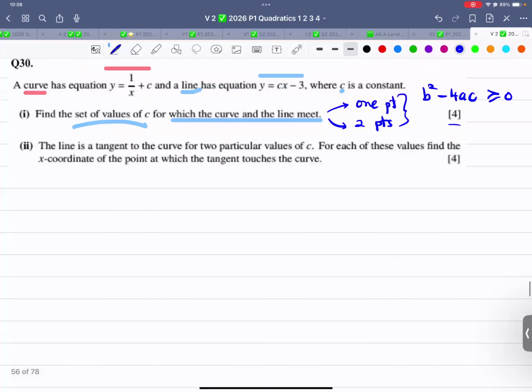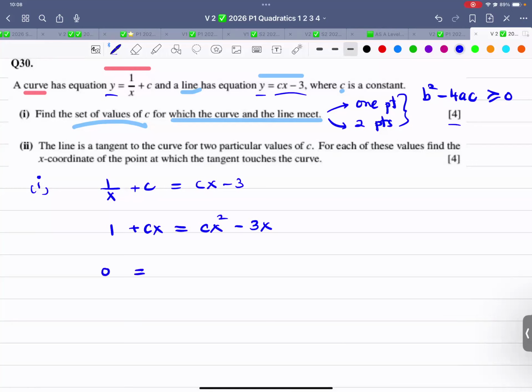So now the very first thing is, part 1, make a single equation. 1 over x plus c equals y. cx minus 3 equals y. Equate them to one another. That's the first thing. Second thing, multiply throughout by x. So 1 plus cx is equal to x into cx, that is cx square minus 3x.